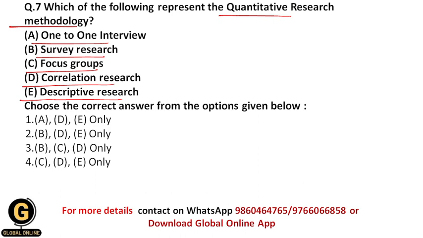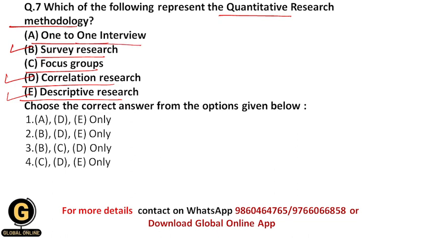So from these options, obviously survey research, correlation research, and descriptive research are the quantitative research methodologies, because in these research processes we are going to collect numerical data, and based upon the numerical data we are going to formulate the hypothesis, and after all we are going to test the hypothesis by using statistical techniques, and finally we will get the results.